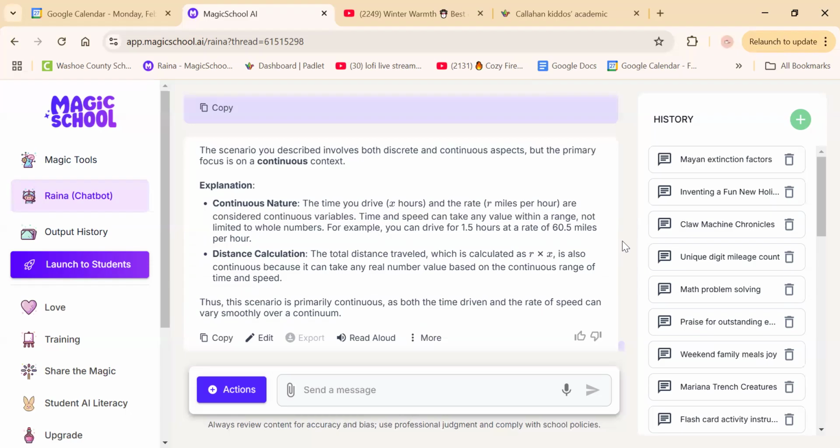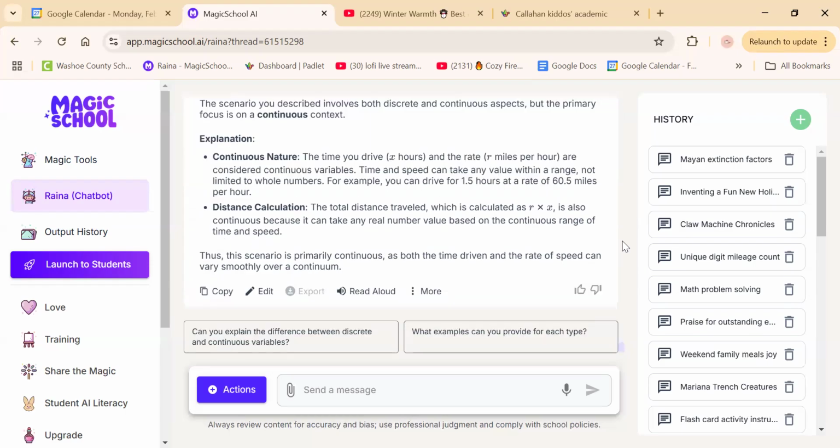Like for example, the number of boys and girls, right? That's also discrete, right? You can't have 2.5 boys. It's either 2 girls or 2 boys or 3 boys, right? Okay. All right, so let's go back here so we can write a little bit more about the differences.